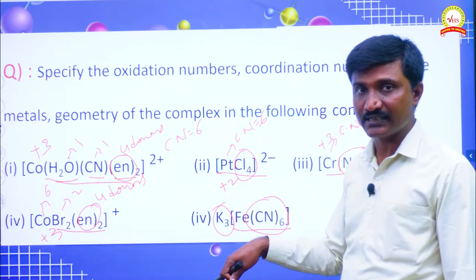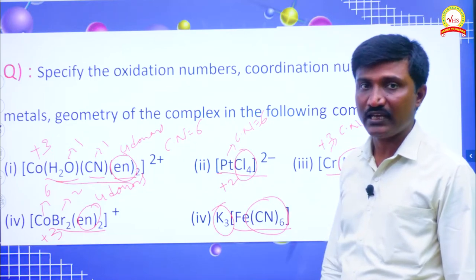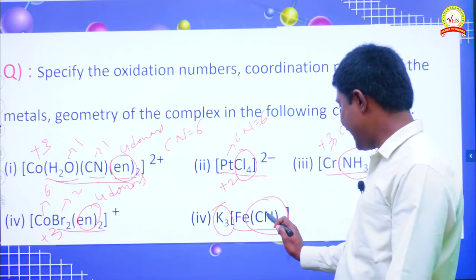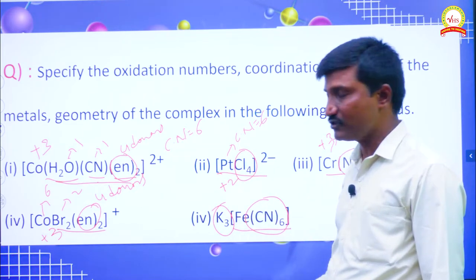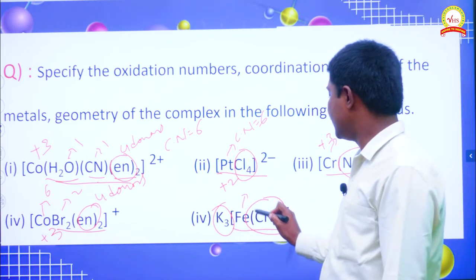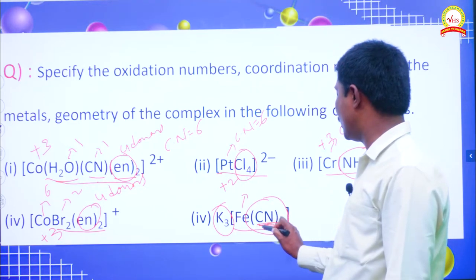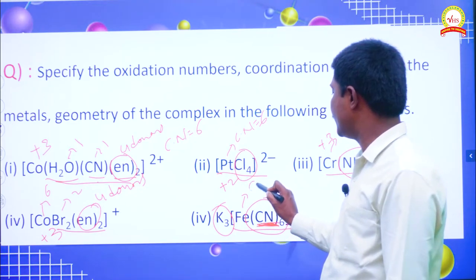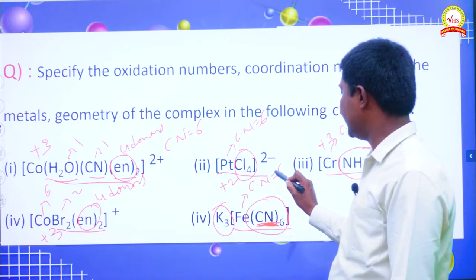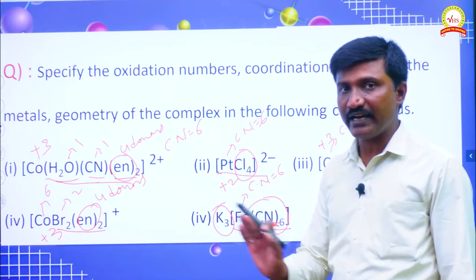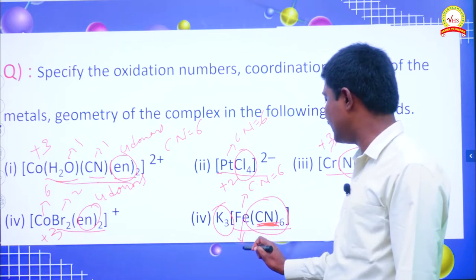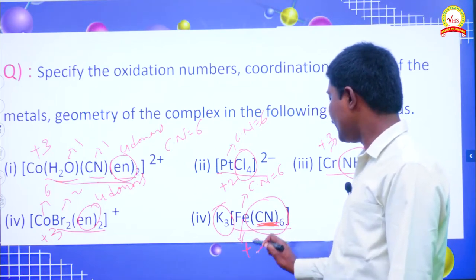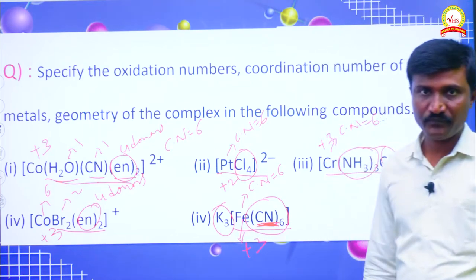Outside means counter ions that won't directly bind to the central metal atom. Only the ligands kept inside the square bracket are directly bound to the metal atom. So here iron, binding to 6 cyanide monodentate ligands, has coordination number 6. Potassiums are not binding directly to the central metal atom. And the oxidation state for this iron is plus 3.